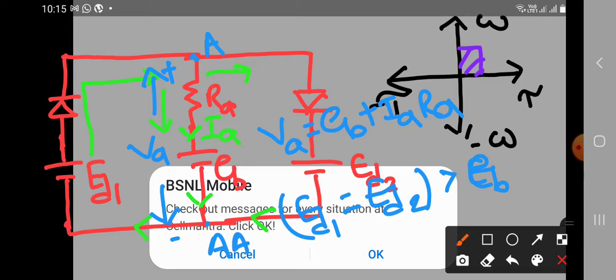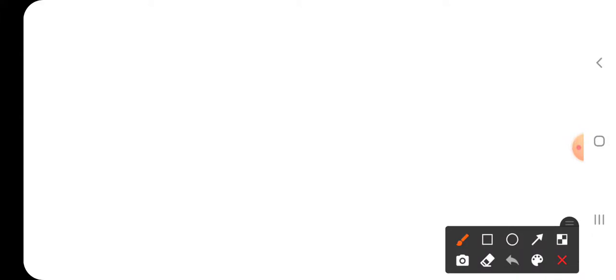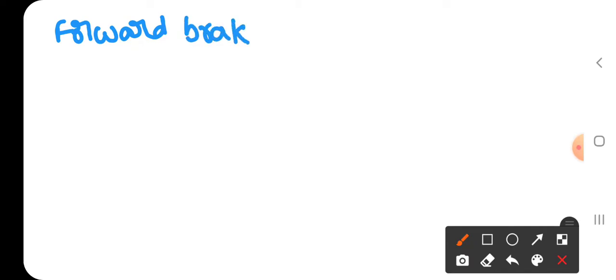Okay, next one. Second quadrant, or we can also take this as forward braking. In the case of the second quadrant, which is positive, which is negative?